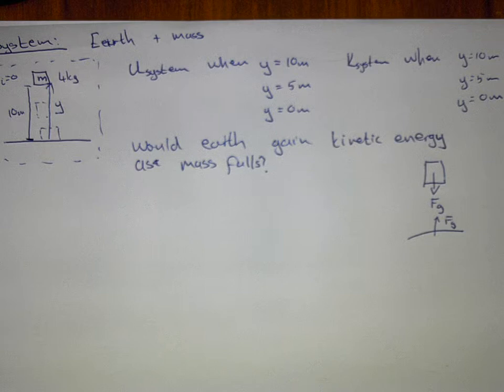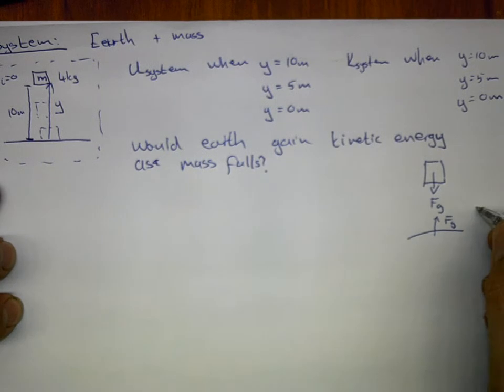In theory, yes, it would, because unbalanced force implies acceleration. But let's just have a look at what that acceleration would be. So the acceleration of the Earth would be equal to this force Fg, which would be 4 kilograms in this case times 9.8, divided by the mass of the Earth.